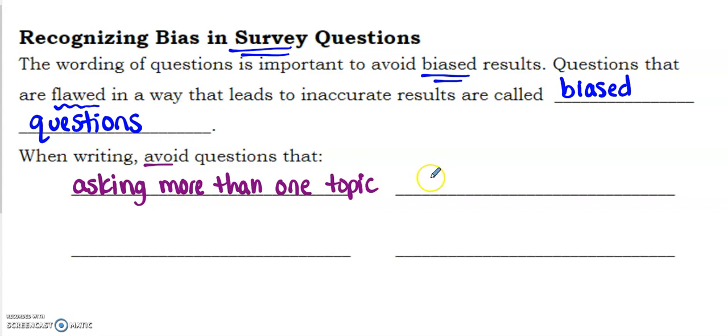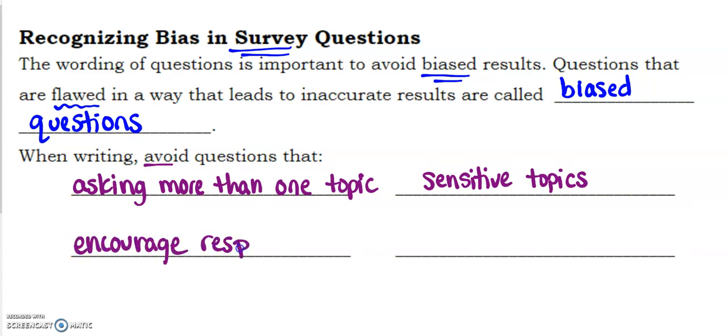You want to avoid sensitive topics that might be hard to address truthfully, especially if you think about who is asking the questions. You want to avoid encouraging responses. It's kind of like when you're leading the witness. And you want to avoid being vague. Okay, if you don't give enough information, it's hard to answer.